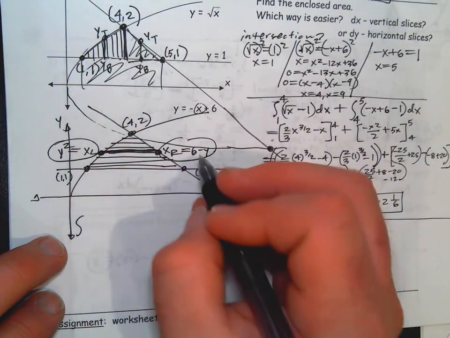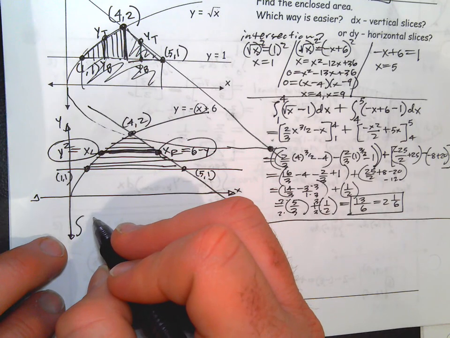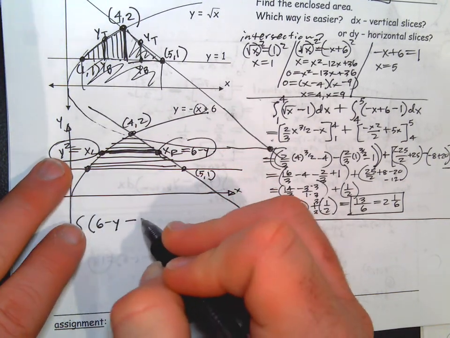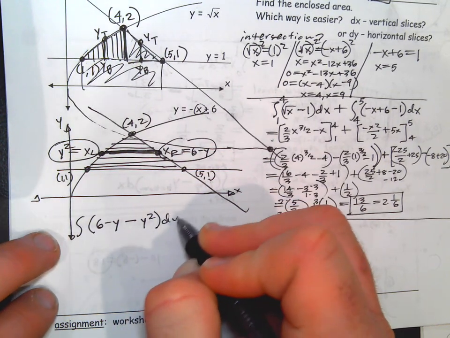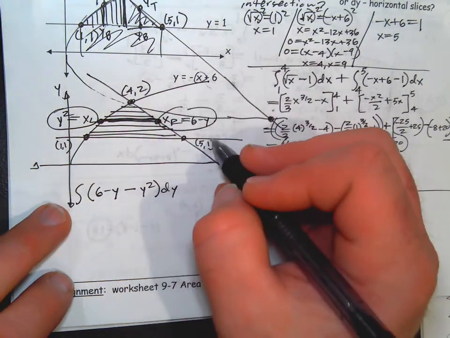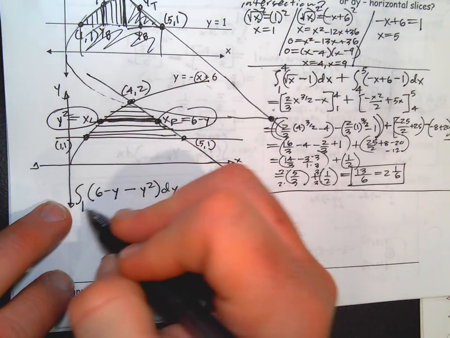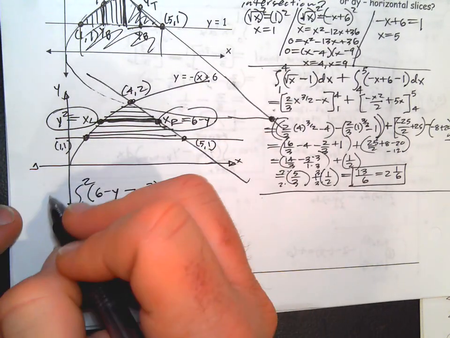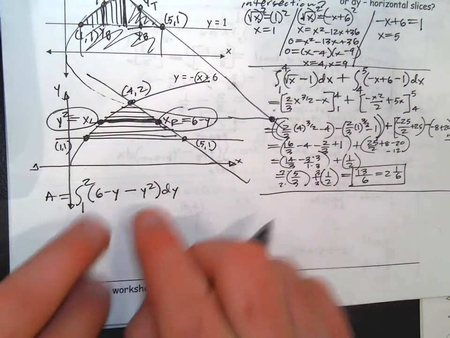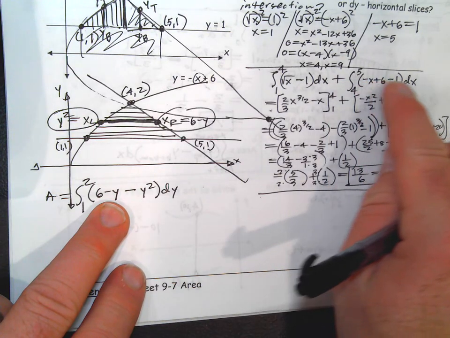But now it's going to be x right minus x left. And x right is 6 minus y, and x left is y squared. We're going to integrate with respect to y. Our limits are bottom to top, so the lowest y coordinate is 1, the highest y coordinate is 2. This right here is going to give us the same answer as all of that right there.